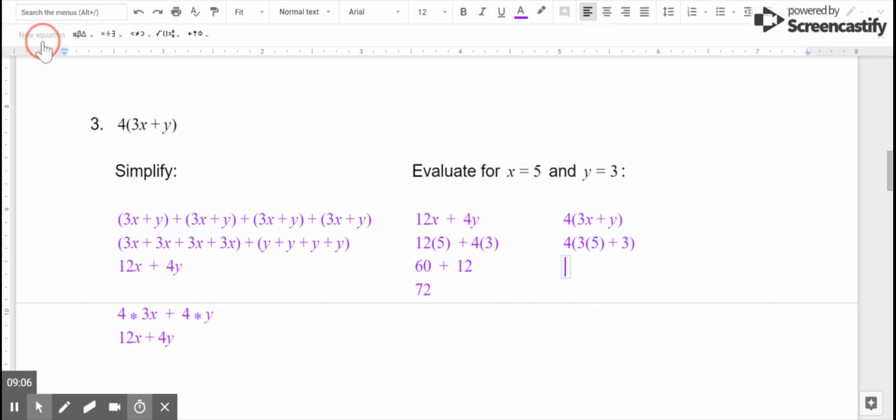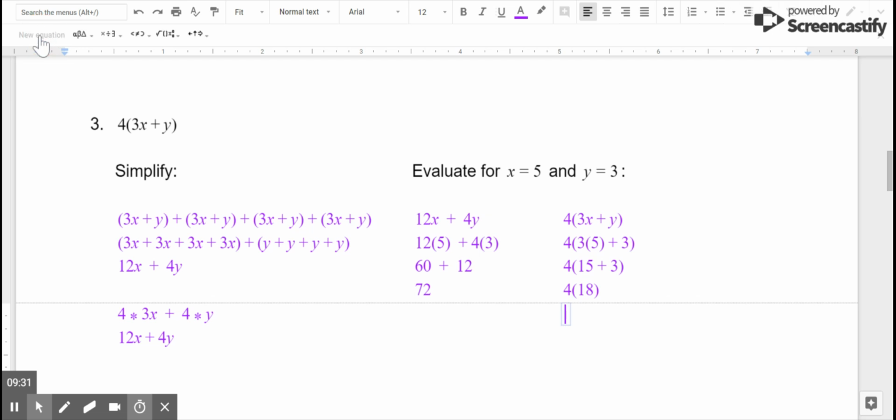Following my order of operations, I need to start with what's in the parentheses. Outside the parentheses I have 4. But inside the parentheses, I have 3 times 5, which is 15, plus 3. So I'm evaluating 4 times 18, which does simplify to 72.